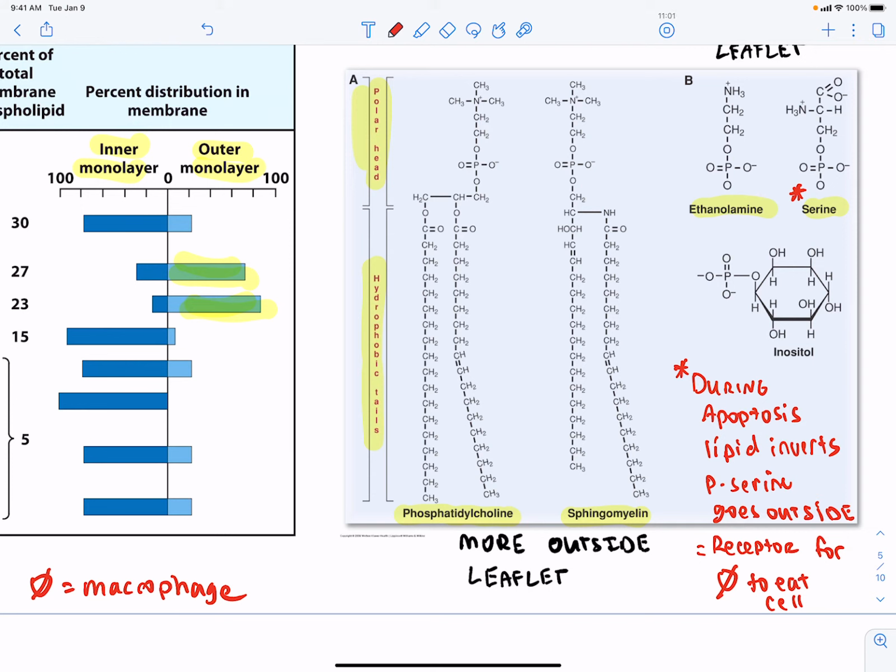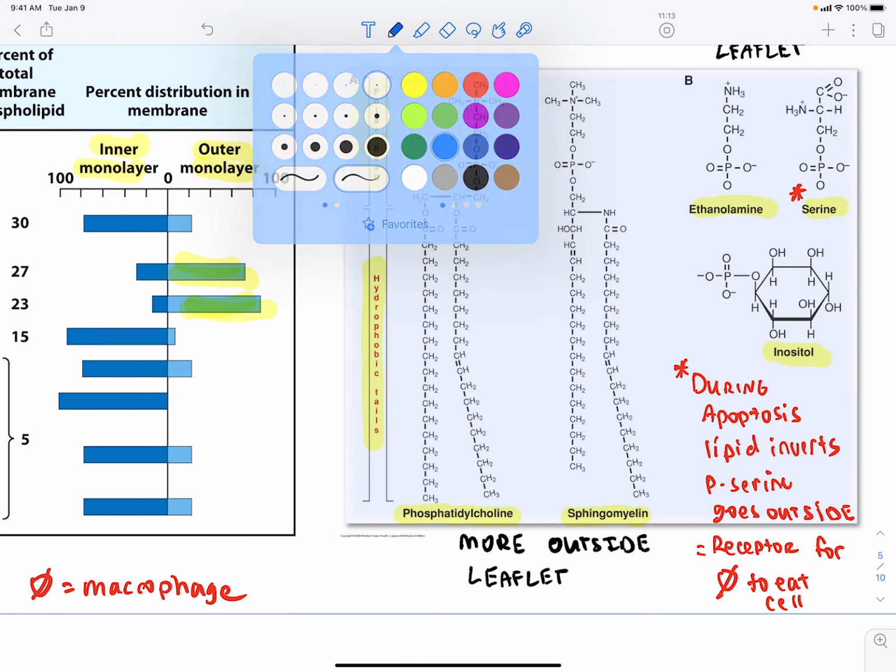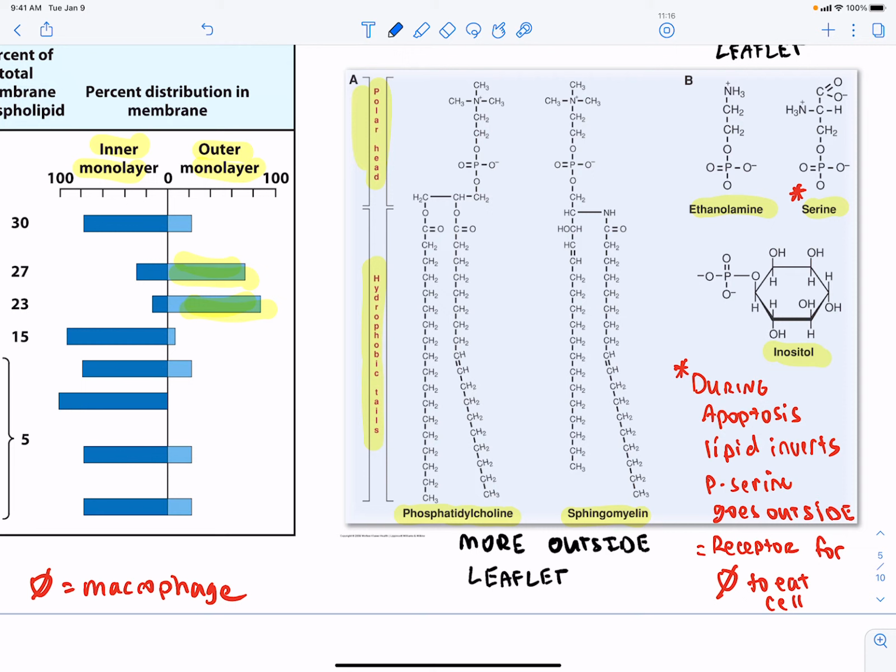Now, your inositol here is very important for transferring information from hormones and neurotransmitters. I'll put neurotransmitters, NT.